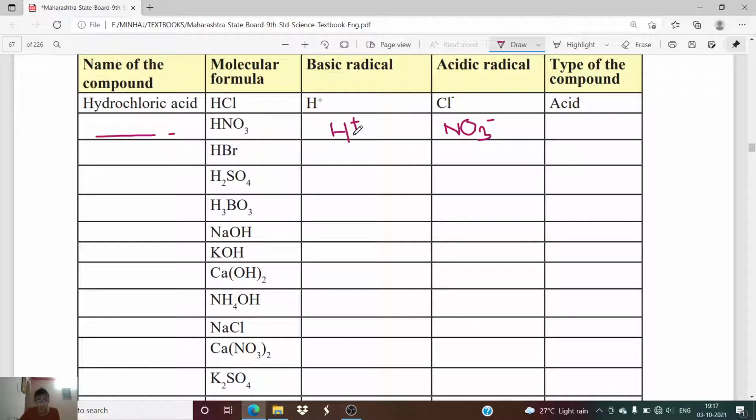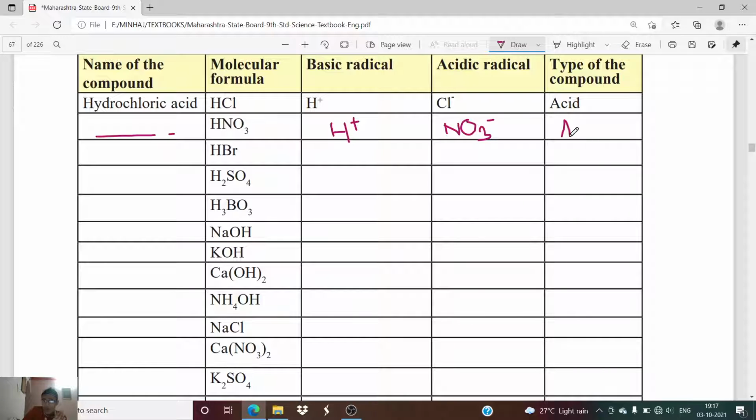Now whatever compound has H plus as a basic radical, all those compounds are categorized as acids. So as this compound has H plus ion, it is an acid.